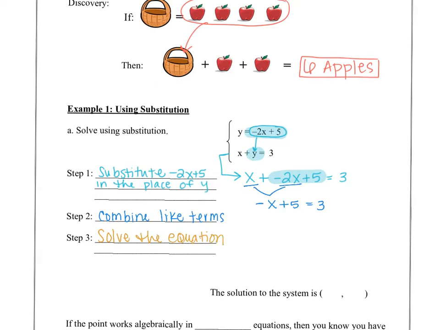Okay, so now it looks like a normal equation with one letter. So you just minus the 5, and negative x is equal to negative 2, divide by negative 1, or just change the signs, and x is equal to 2, positive 2.